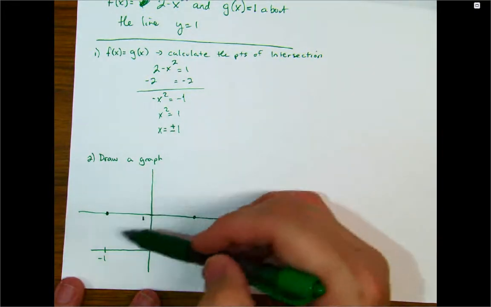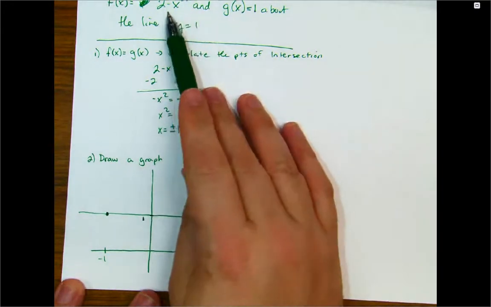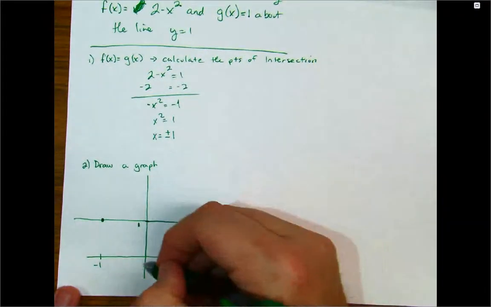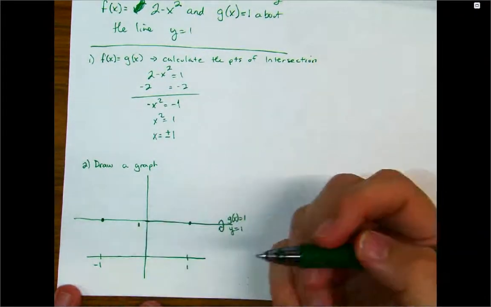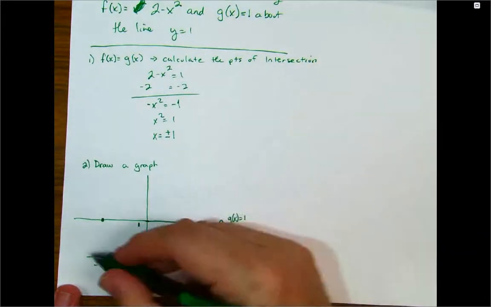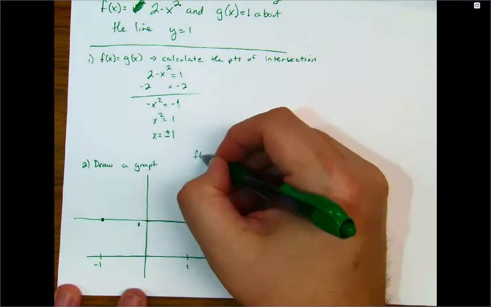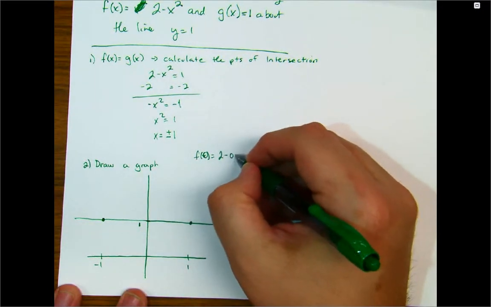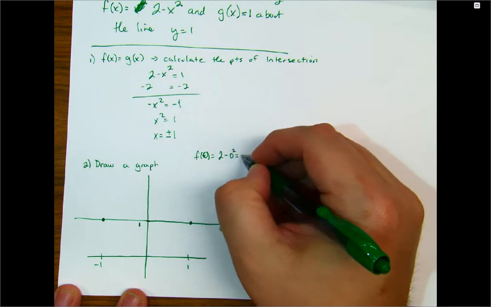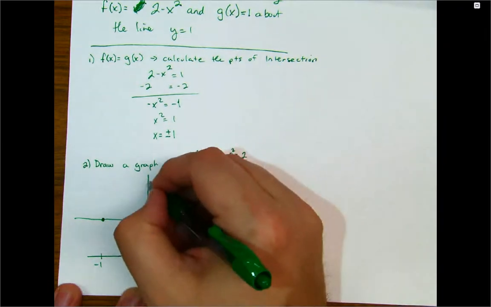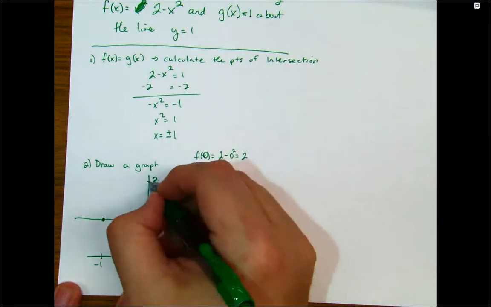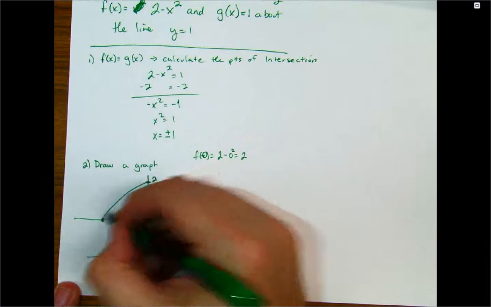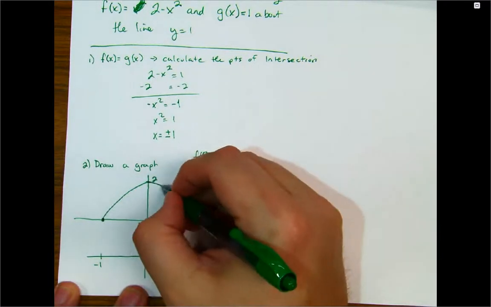Now to figure out what f of x is going to do, what I always do is I pick the middle point. What's the middle point? 0. So what's f of 0? 2 minus 0 squared, which is 2. So if I go up to 2, I know I'm going to get this because it's a parabola.